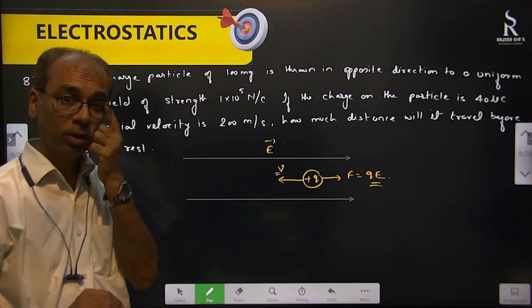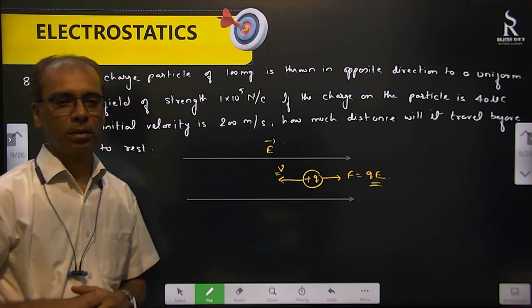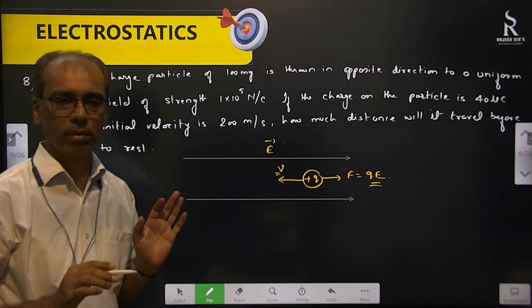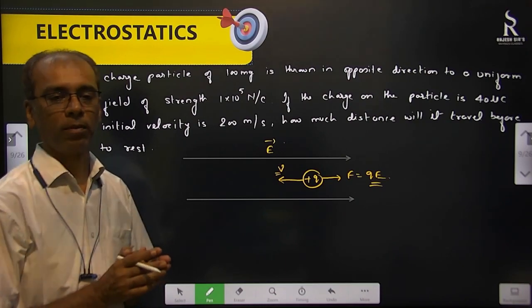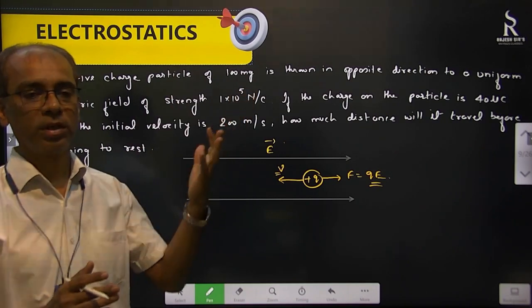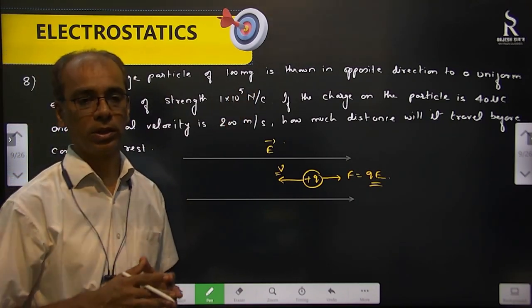Okay. What to do? How to do that? What we can do? Conceptually, very simple, but that concept we should know. That concept basically comes from a chapter in 11th class, which we call work power energy.